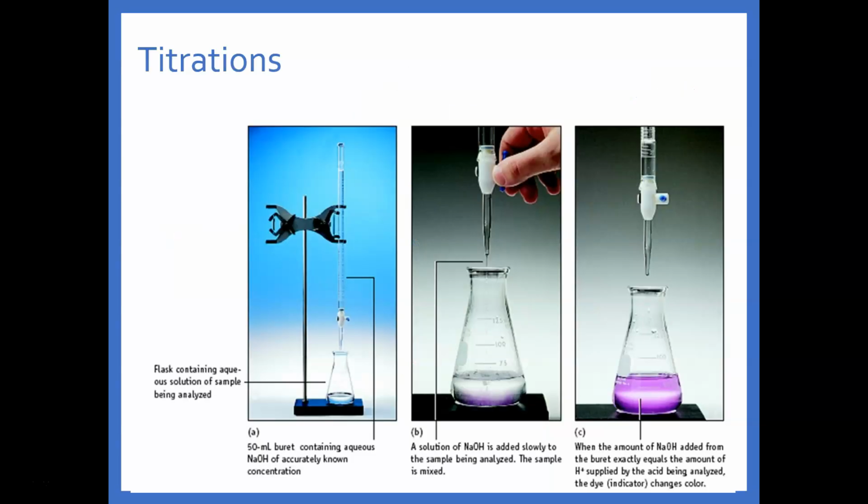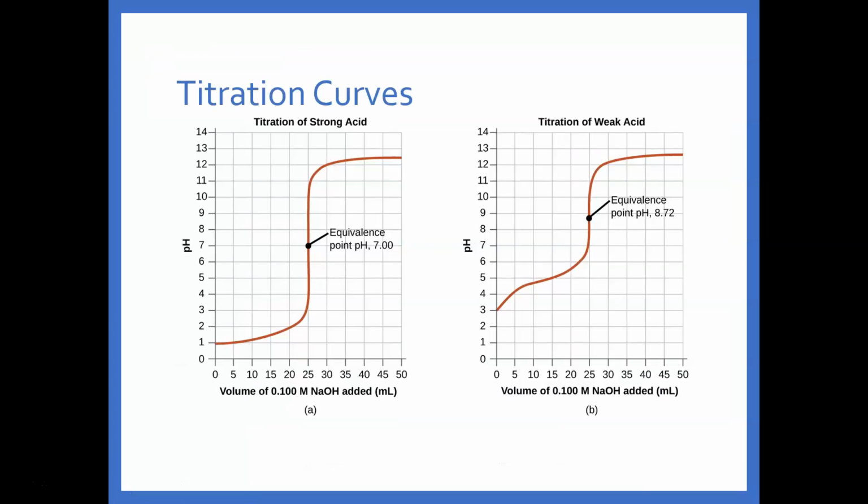This is the setup for a titration. We're not going to be doing exactly this, but we will be doing something similar. You have your burette clamp and your burette over an Erlenmeyer flask that contains a solution. We slowly add from our burette until we get this light pink color, indicating that our titration is complete. Now here are some titration curves for you to view. You can see how the equivalence point is different depending on what we are reacting.